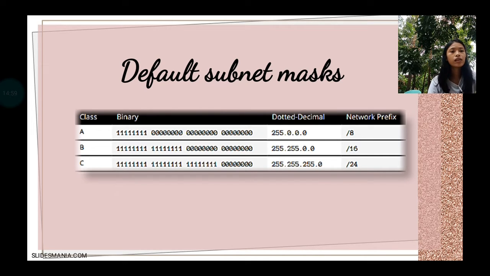In class A, here we have our network prefix /8. And also we have here our class B and C as well.